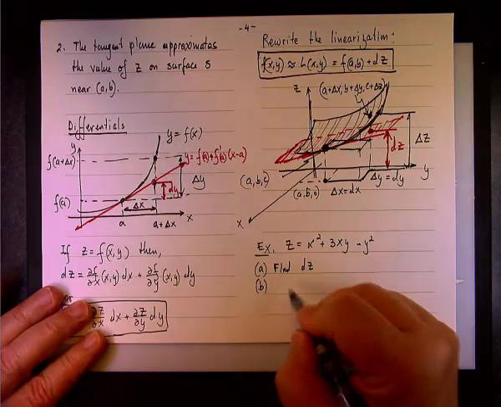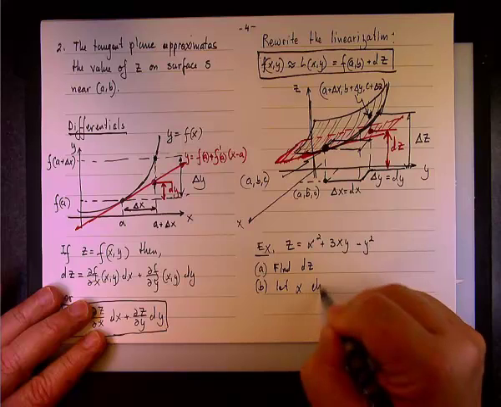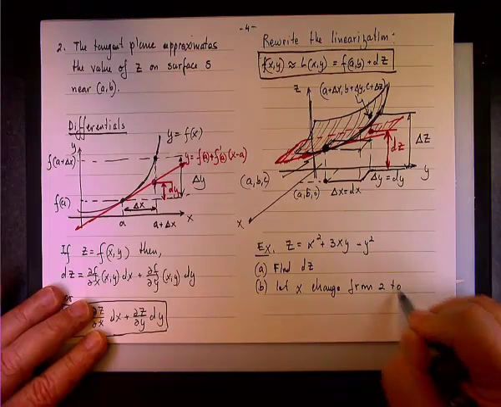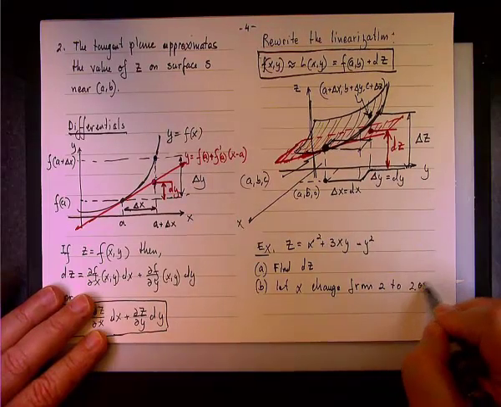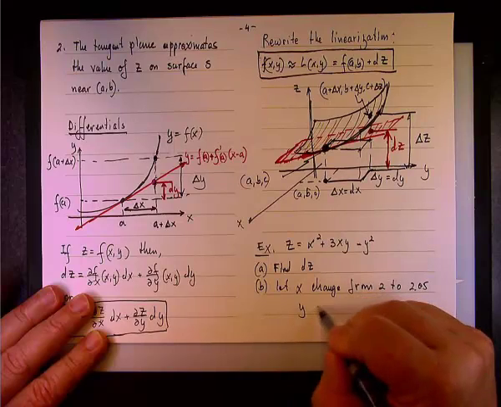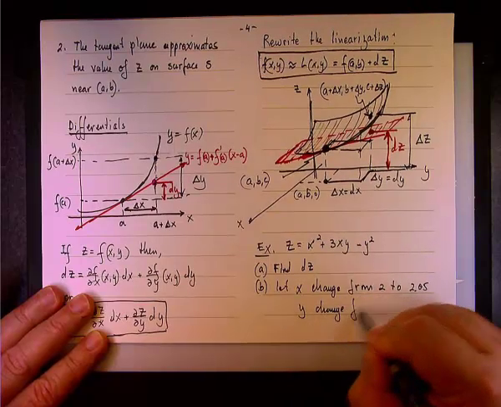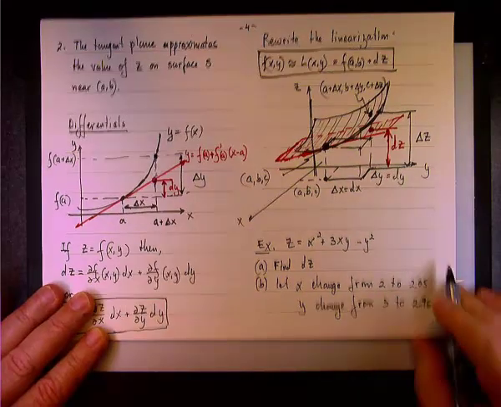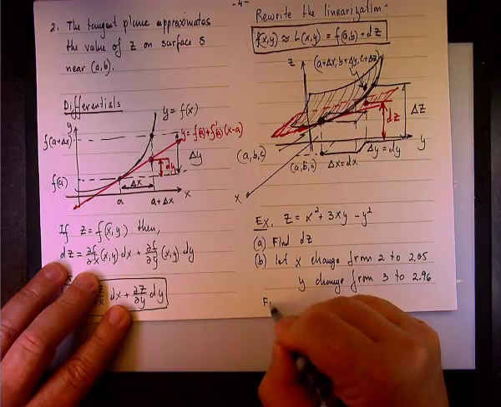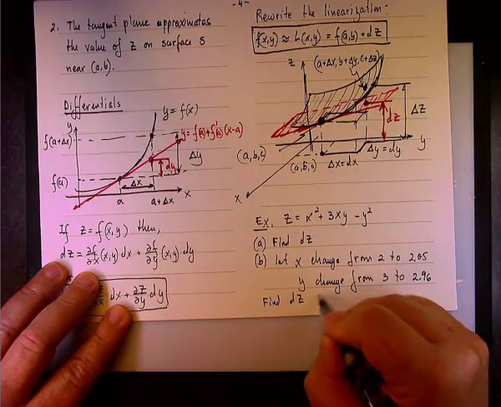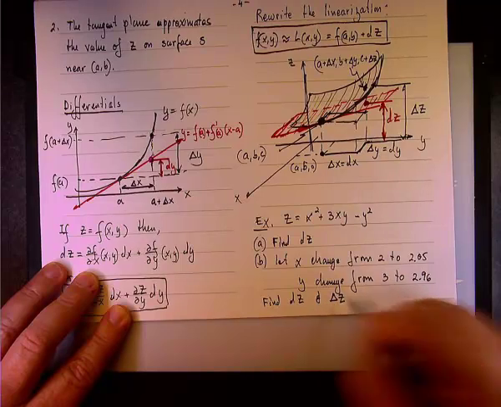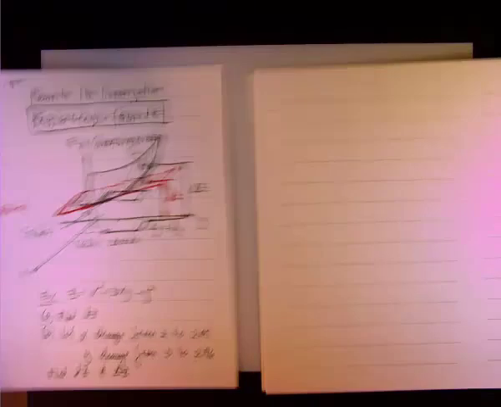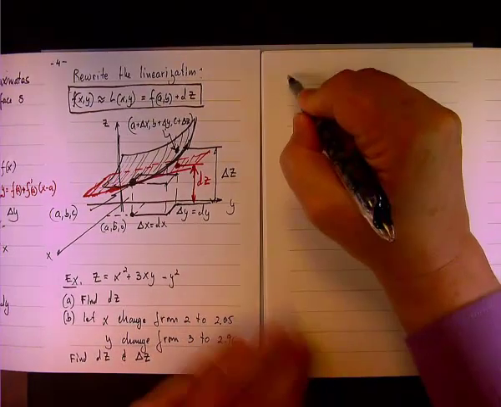Find dz, b, find, we're going to let x change from 2 to 2.05, and we let y change from 3 to 2.96. Okay? We need to find dz and delta z for purpose of comparison.